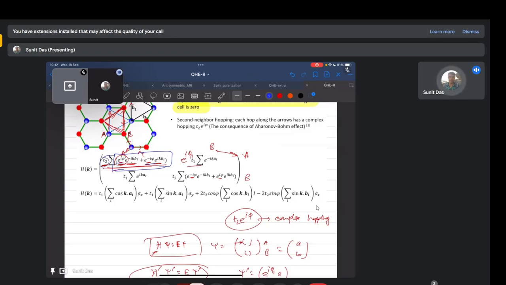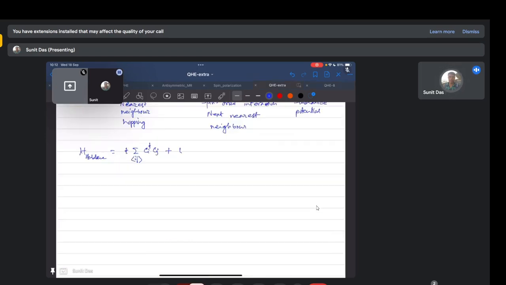So t2 was the Haldane parameter, and then again next nearest neighbor hopping. So the double curly bracket means these are next nearest neighbors, whereas the single bracket means nearest neighbor.